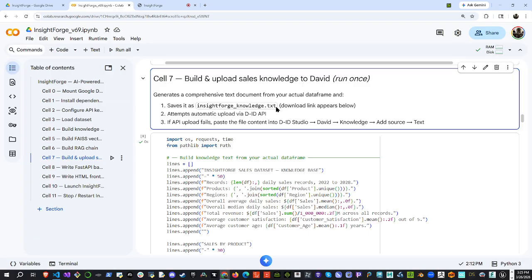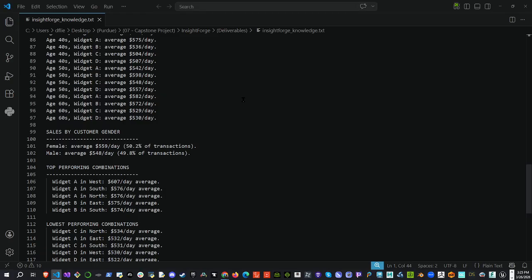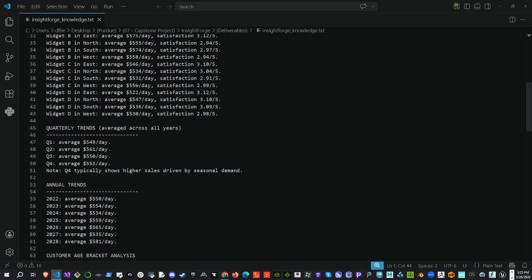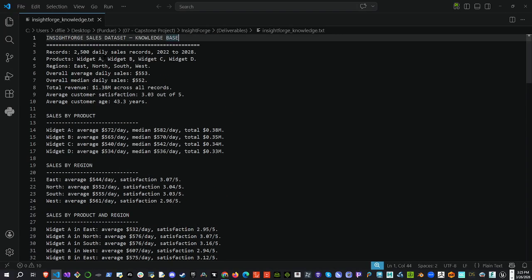This was something I created to be able to upload the data as a text file. This text file took the sales data from the spreadsheet and put it into a meaningful representation so that my avatar for David could understand it.